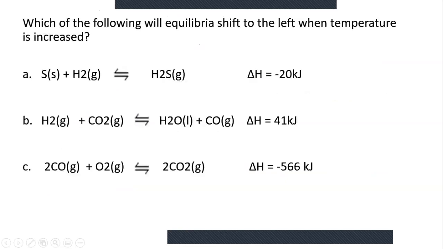Let's look at some examples. So here we want to look at which of the following equilibria shifts to the left when temperature is increased. So if we think back about the previous slide, endothermic means heat is a reactant.